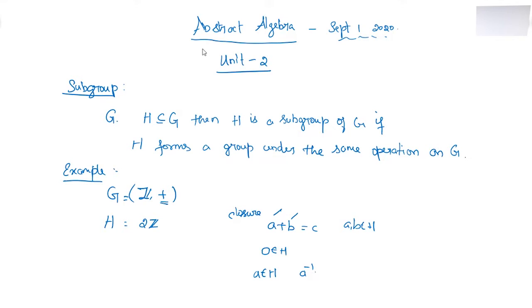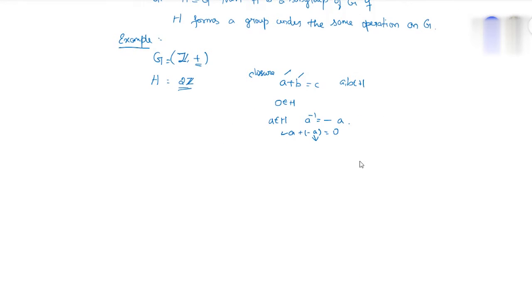Since the operation is plus, the inverse is minus A. Therefore, A plus minus A equals 0. Now A is an even integer, the negation of it will also be an even integer. Hence, for every element in H, there exists an inverse element in H.